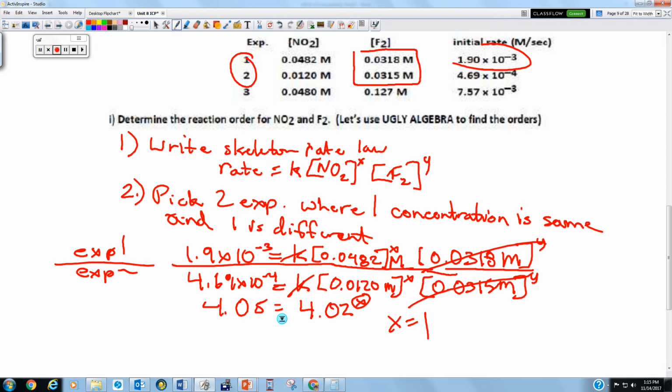All right. So that means that in our rate law, x is 1. So that one's going to be a first order.